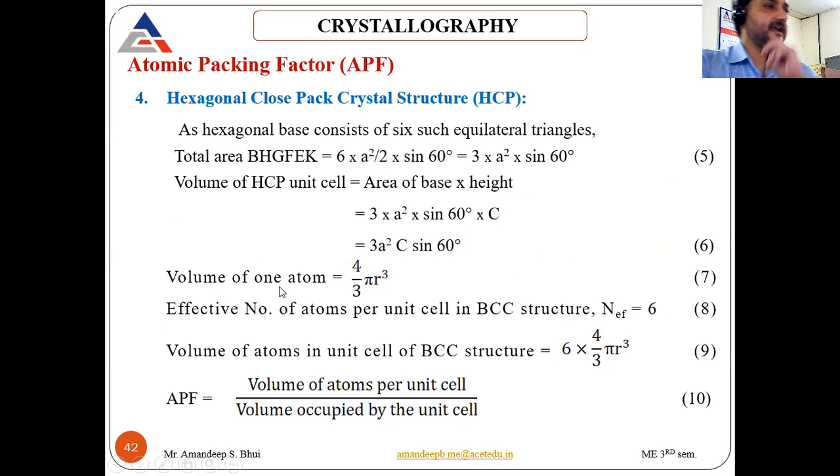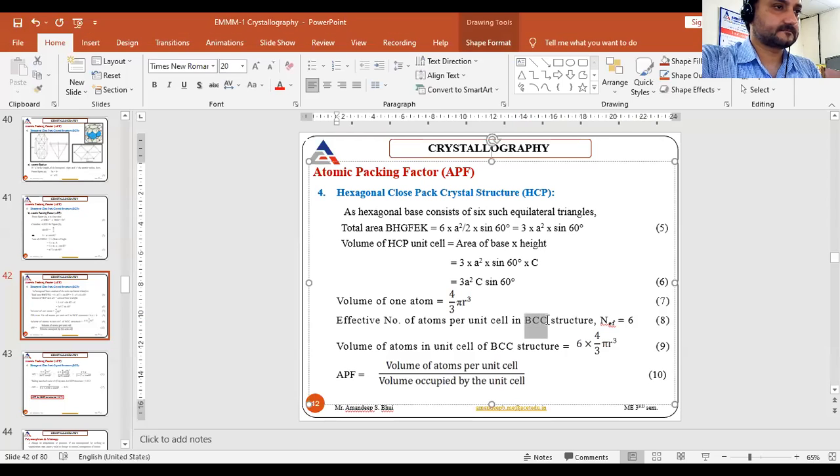Now the volume of one atom is 4 upon 3 pi r cube, and the effective number of atoms in this HCP structure is equal to 6. So the number of effective atoms in the HCP structure is equal to 6.